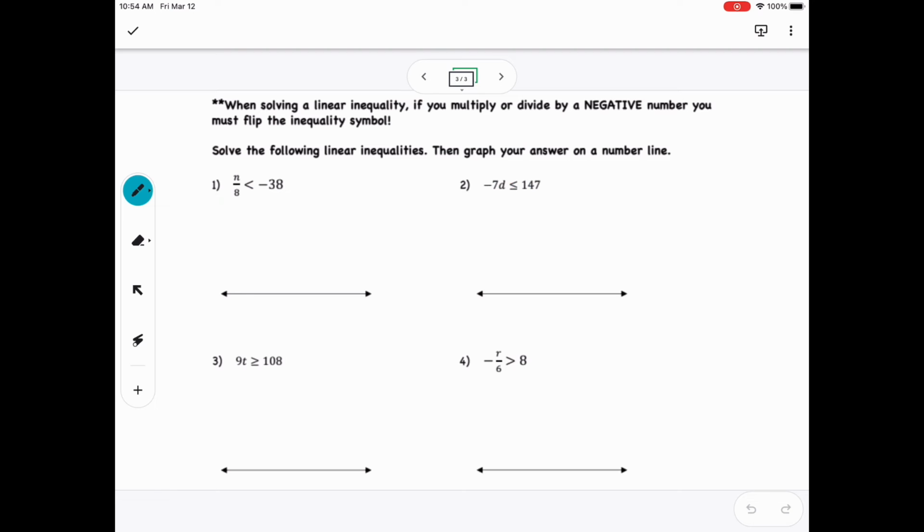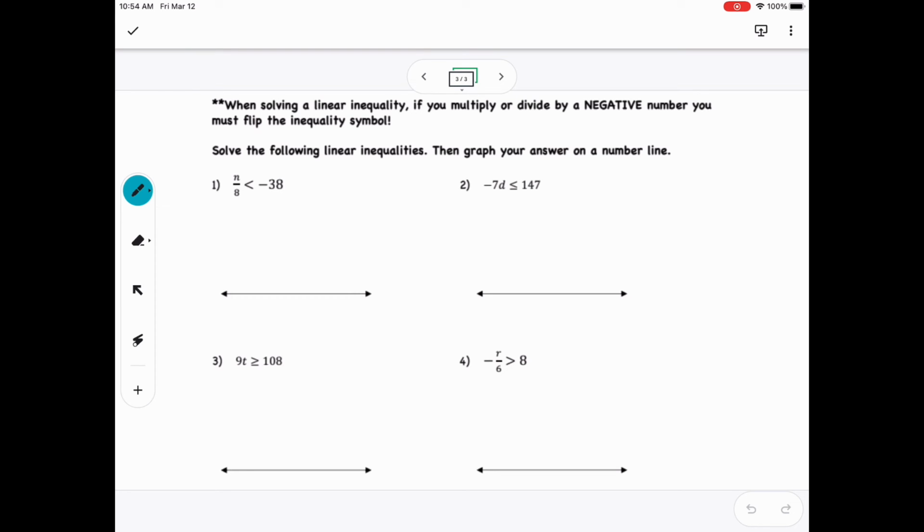Okay, now for these examples, we're going to be using multiplication and division, but one thing we have to keep in mind here is that when we're multiplying or dividing by a negative number, that switches our signs on both sides and changes the inequality.